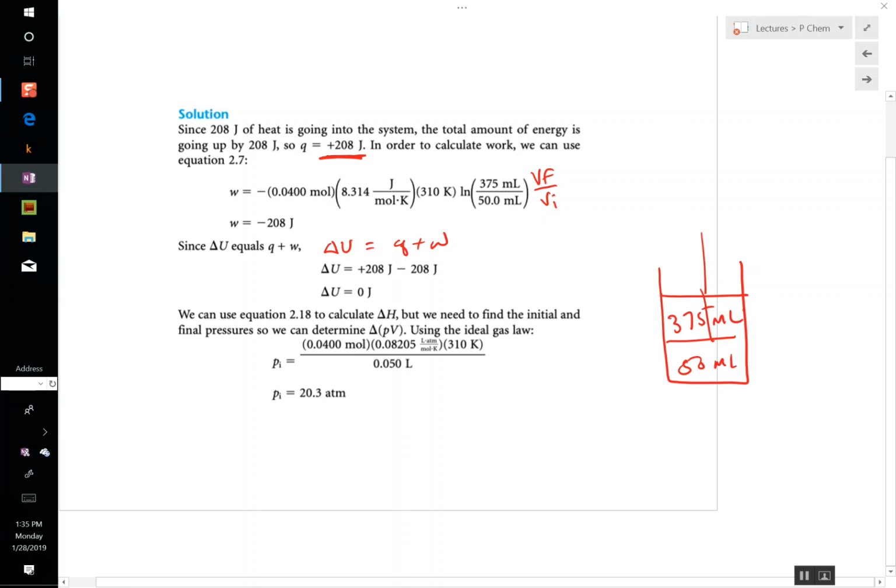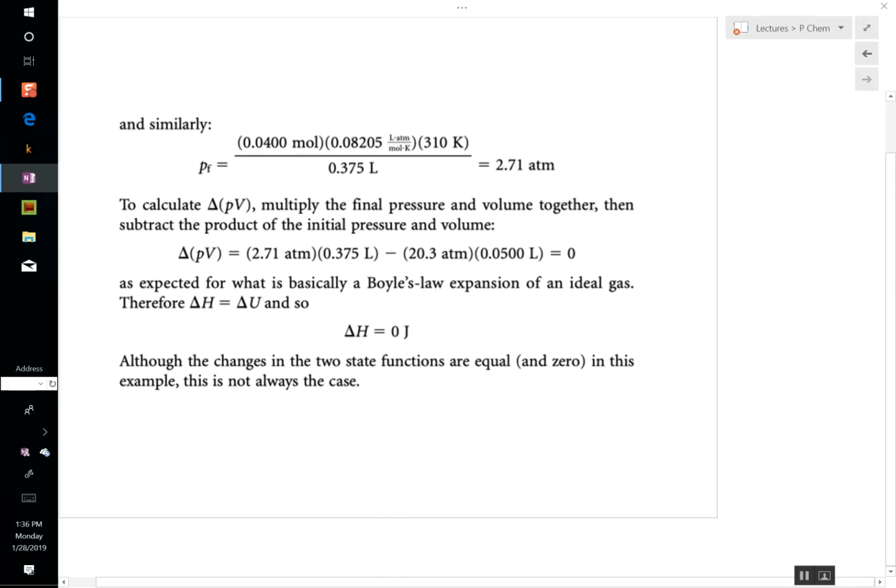So we got those volumes. You got the moles. You can calculate the initial pressure, again assuming an ideal gas, and a final pressure.